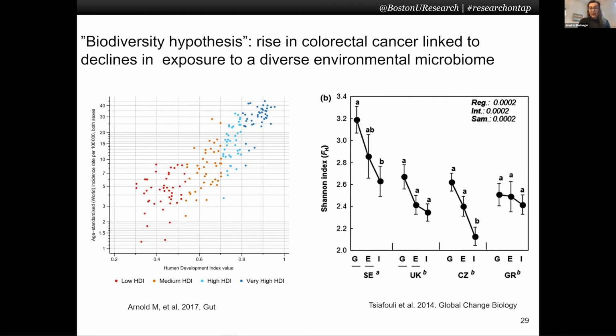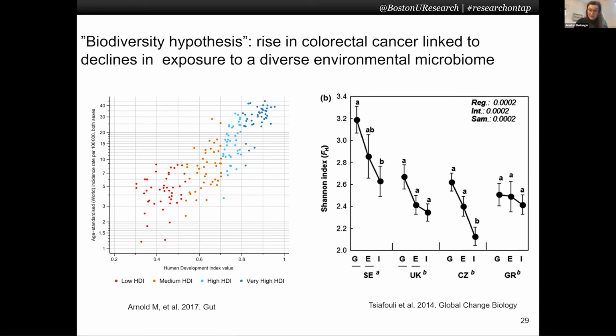So on the right, you're looking at the diversity of microorganisms that live in soil in 4 different countries in Europe. And in each of those countries, as you increase the level of urbanization of a location, you see a steep decline in the number of species that soil can hold.